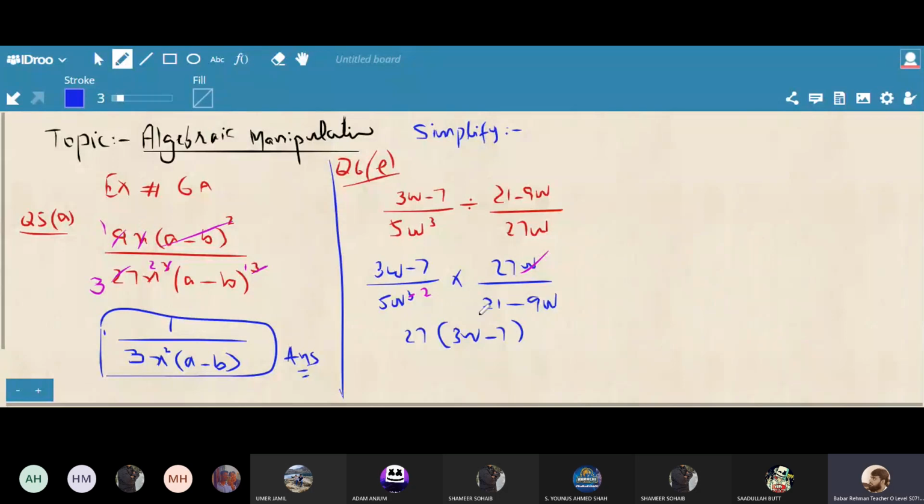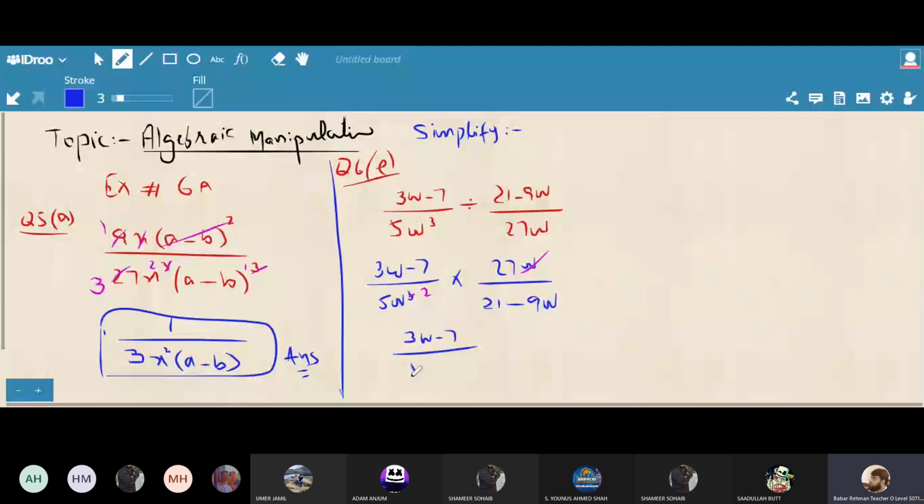Okay, so in the numerator, what is the common factor? Sir, 3 is the common. Sir, because it would be like 3 bracket 7 minus 3W. Thank you, beta. Let me do it very simple for you so that nobody will have any confusion. Let me factorize first.